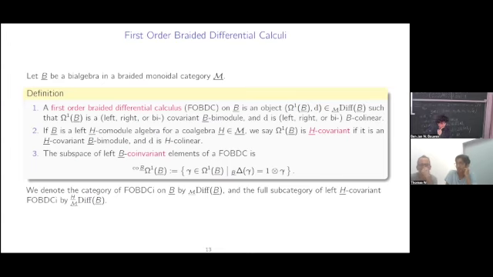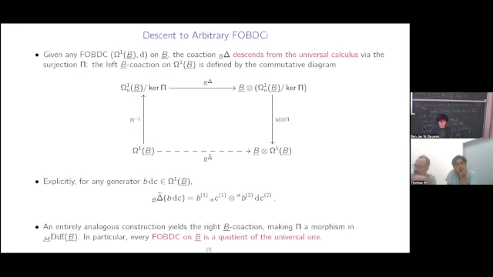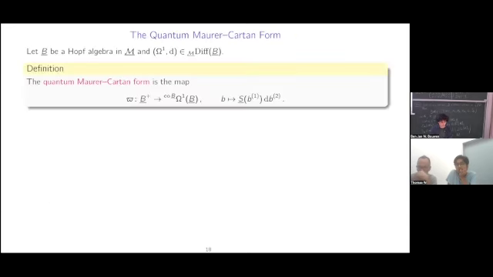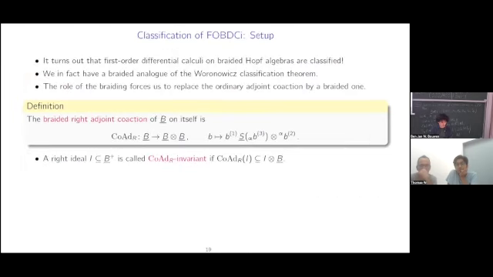If we ignore the word braided, we have this condition about the right adjoint coaction, no? In your case, you have something similar? I remember. Yeah, it's here.